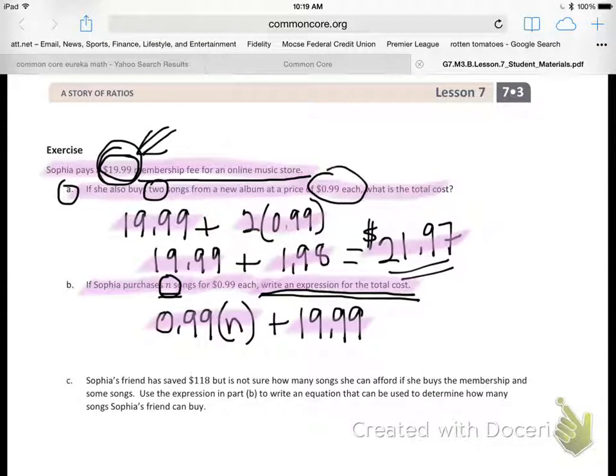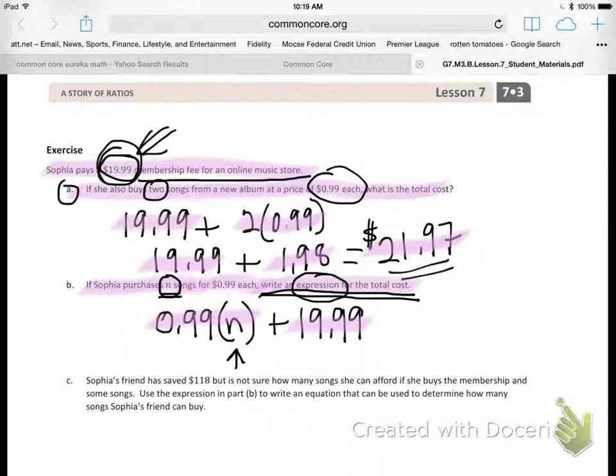They cost 99 cents each. And the n right next to it means we're going to multiply that 99 cents by the number, whichever number we choose to put in there at any time. Right now we just have an expression only. As you see, no equal sign is needed at this point because it is just an expression.